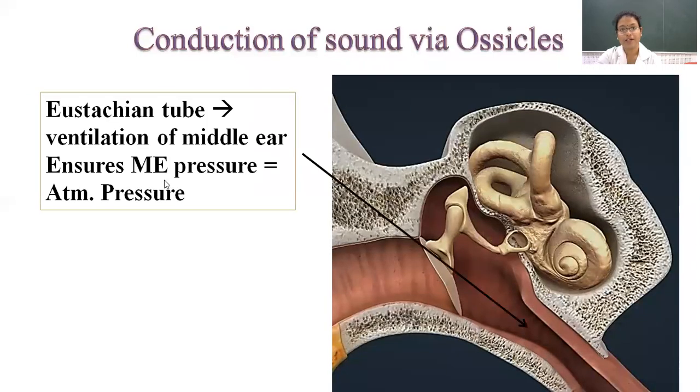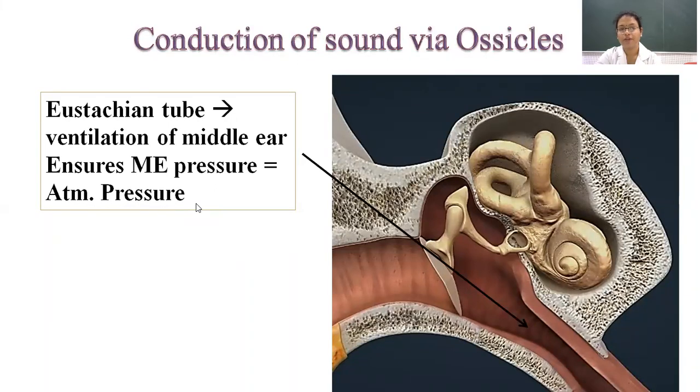Now, for conduction, we need two important things. That is the eustachian tube, which should be well functioning. The eustachian tube should maintain ventilation of the middle ear. It ensures that for adequate conduction of sound, the middle ear pressure is equalized to the atmospheric pressure.